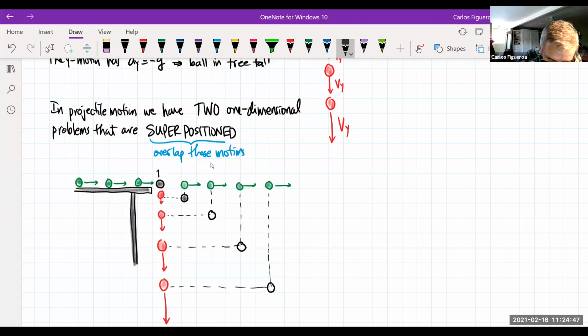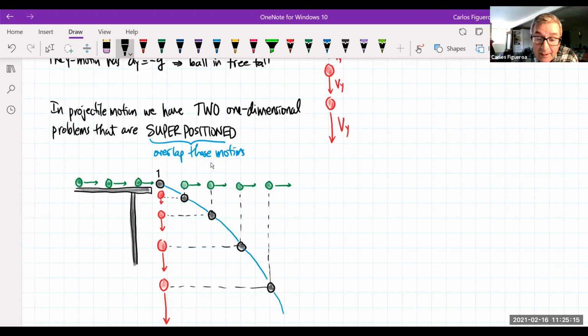And so this path is not along a straight line. I don't know how to draw this accurately, but you're getting this curved path.